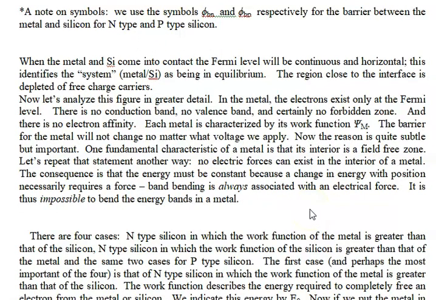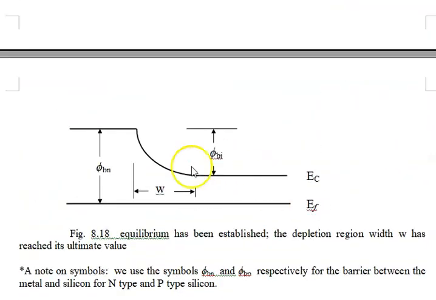So the interesting thing about this particular case is we have a barrier, and because we have a barrier, we're going to find that this is what we call a rectifying junction.